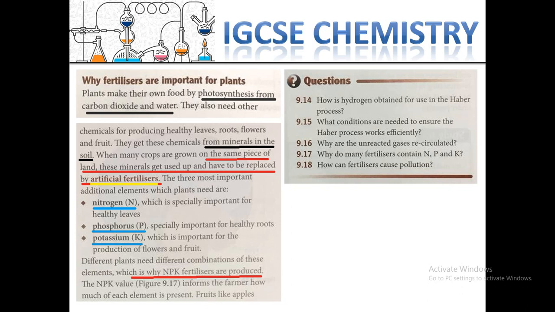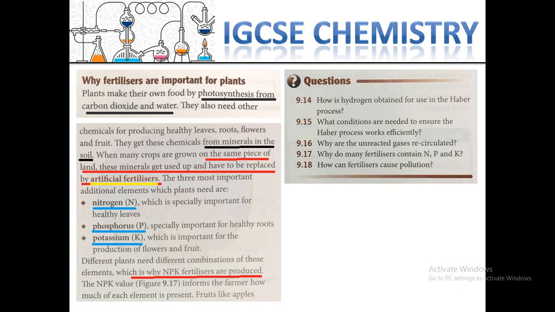And then the last topic is why fertilizers are important for plants. For producing fruits, for a plant, photosynthesis is very important, but how can they carry out photosynthesis? They need carbon dioxide, water, light, and another important part is minerals.